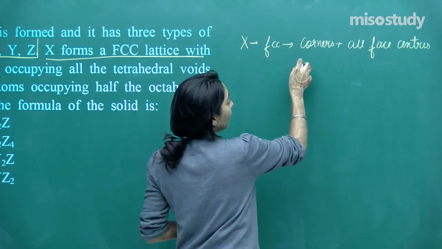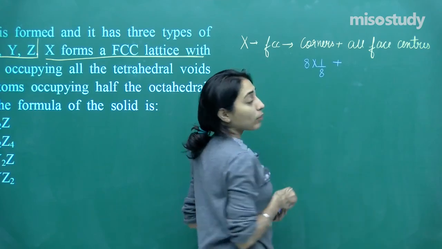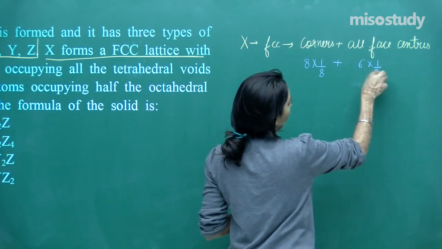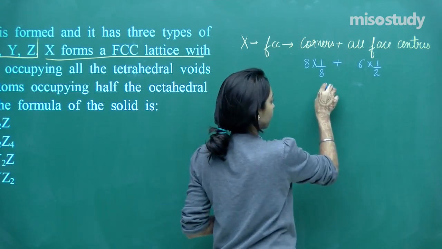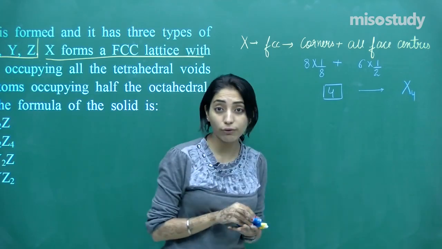How many corners are there? 8. And the contribution at each corner is 1 by 8. How many faces are there? There are 6 faces. Contribution is 1 by 2, making it a total of 4. So this I am very sure that for X I will be writing 4.